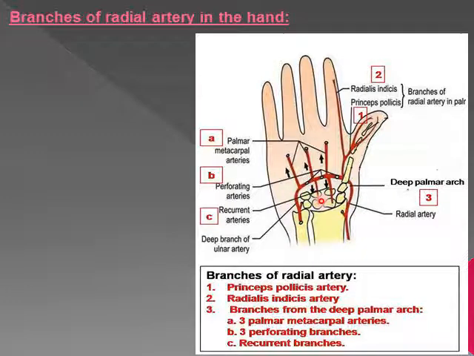So, the radial artery in the palm gives princeps pollicis, radialis indicis, and the deep palmar arch, which gives palmar metacarpal arteries, perforating branches, and recurrent branches.